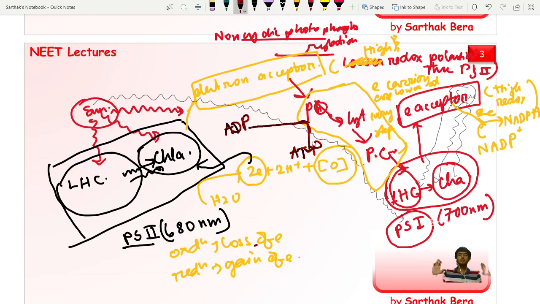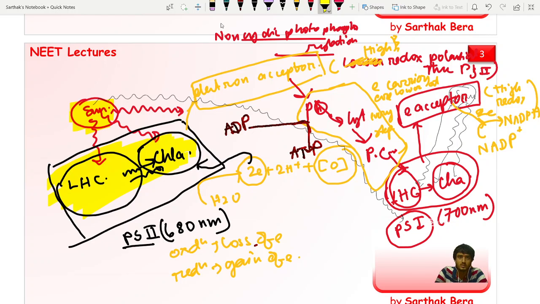So basically what we have learned, I am summarizing. The sun, I am taking a highlighter, the sun is radiating its wavelength to photosystem 2. There is chlorophyll A and the light harvesting complex, and the light harvesting complex supplies energy to chlorophyll A, and this energy accumulated in photosystem 2 helps in the breakdown of water, or photolysis of water.